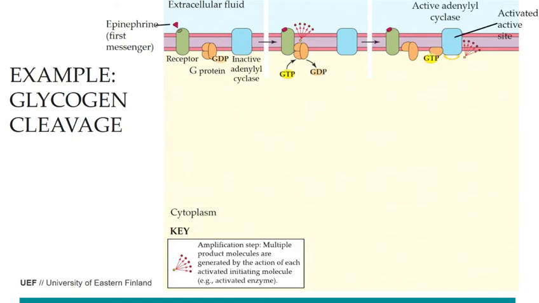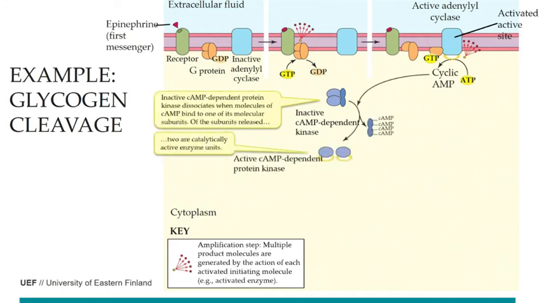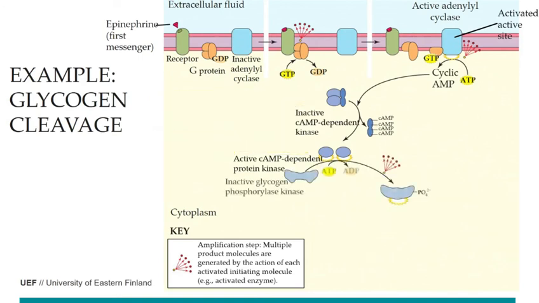And then we have activated adenylyl cyclase to produce a lot of cyclic AMP. Then the inactive cyclic AMP dependent kinase is now activated because now we have this cyclic AMP. And then we have this kinase activated.